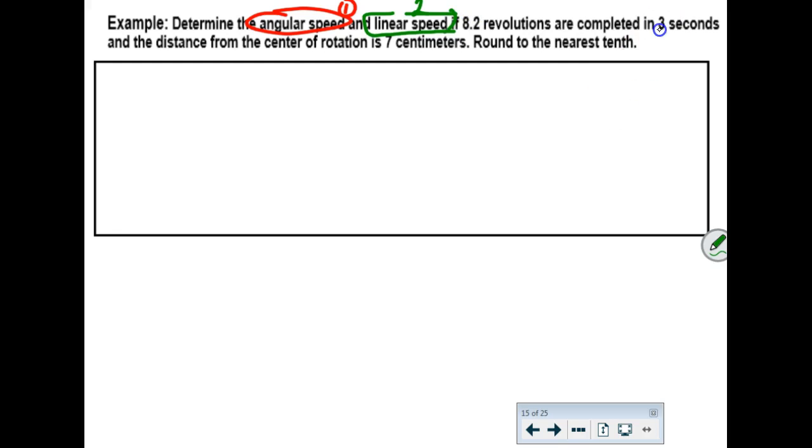All right, here we go. Step one, you don't have to write this down, you can just watch. It's done already on your paper. It's the same work, they just grouped it together weird. So we're going to find the angular velocity, and we're going to start by using this clue. It says that there's 8.2 revolutions completed in 3 seconds.